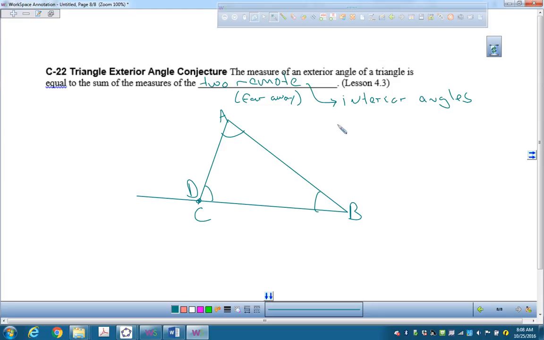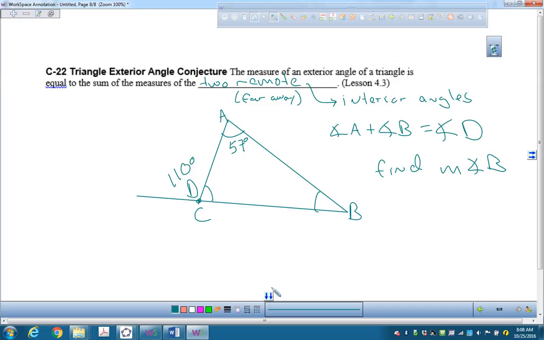But angle A plus angle B has to equal angle D. Okay? And so say for instance I tell you that this angle over here is 110 degrees. And this angle over here is 57 degrees. And I say find the measure of angle B.